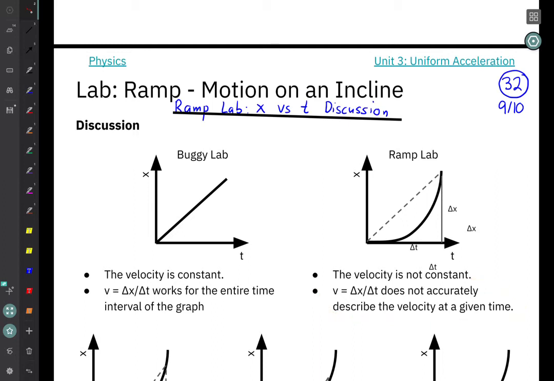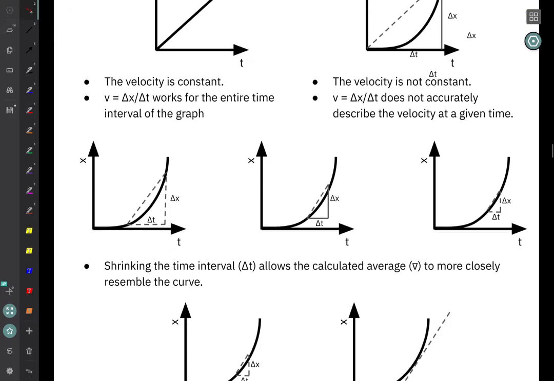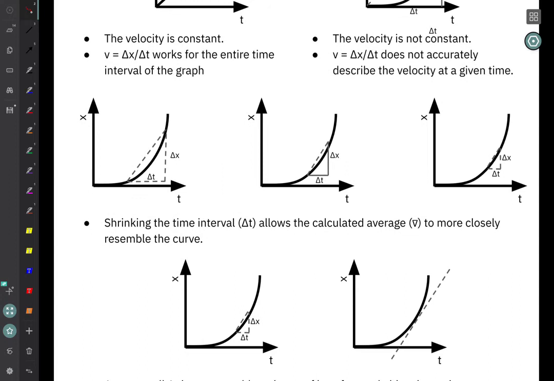So underneath that, we're going to have a few more graphs that we're going to draw. I'm going to be drawing that same graph from our ramp lab 3 times, where I have the same curve for all 3 of these. But one thing that you might notice is that I'm going to have these dashed lines.